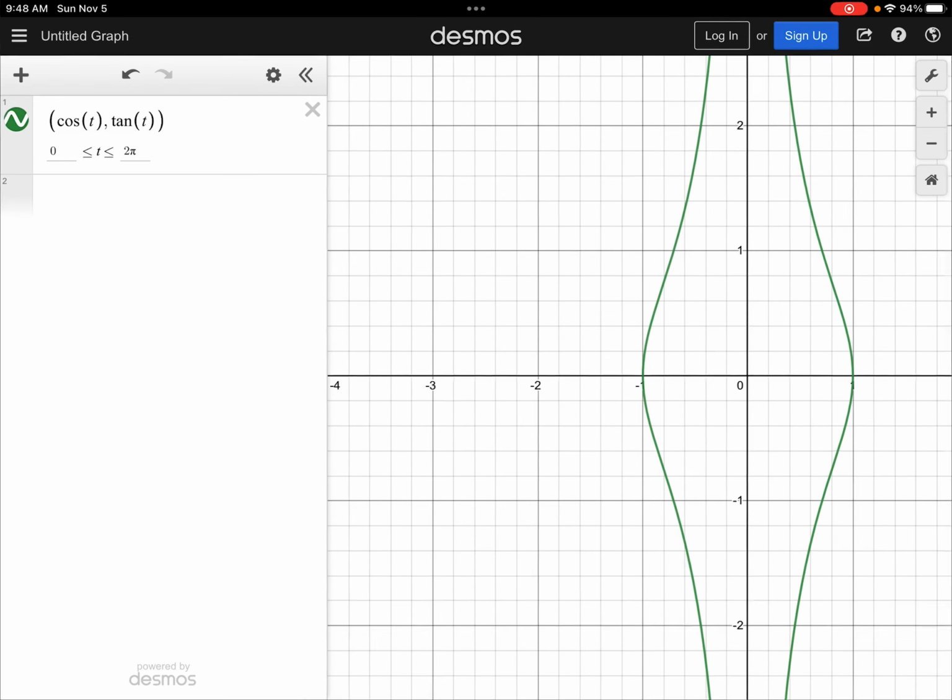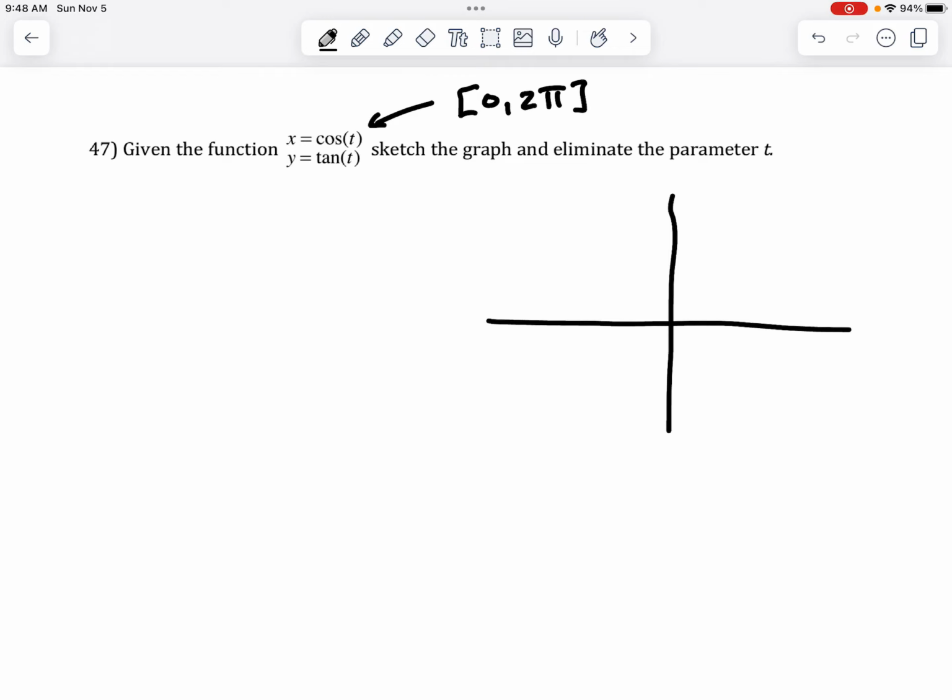So the graph was basically like a bell-shaped curve over here, except on its side, and then another mirror image of it over here. Oh, that is beautiful. That gets a happy face right there. Okay, there's the graph.